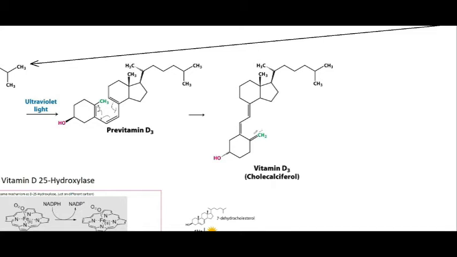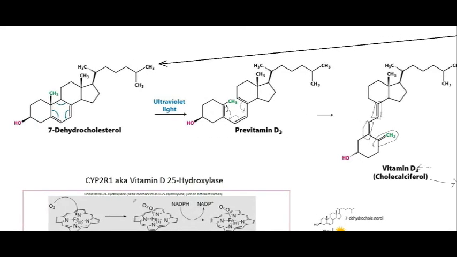So we end up with this double bonded carbon here, and the double bonds on these carbons here. And this is our cholecalciferol, our vitamin D3. So this all happened in the skin. This will then be transported to the liver, and that is where this next step happens.